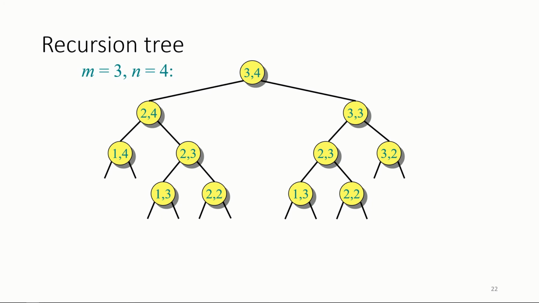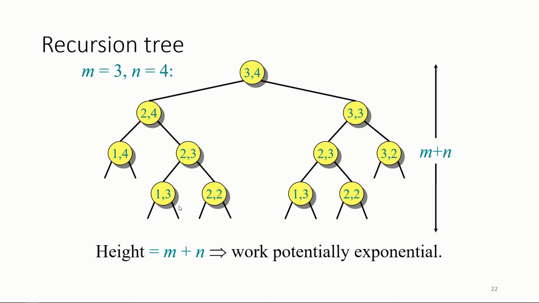Let's take a look at the partial recursion tree of the case where the length of x is 3 and the length of y is 4. In the worst case, the height of the tree can be m plus n. It will happen when none of the characters in string x and string y matches. That means the runtime can be exponential.